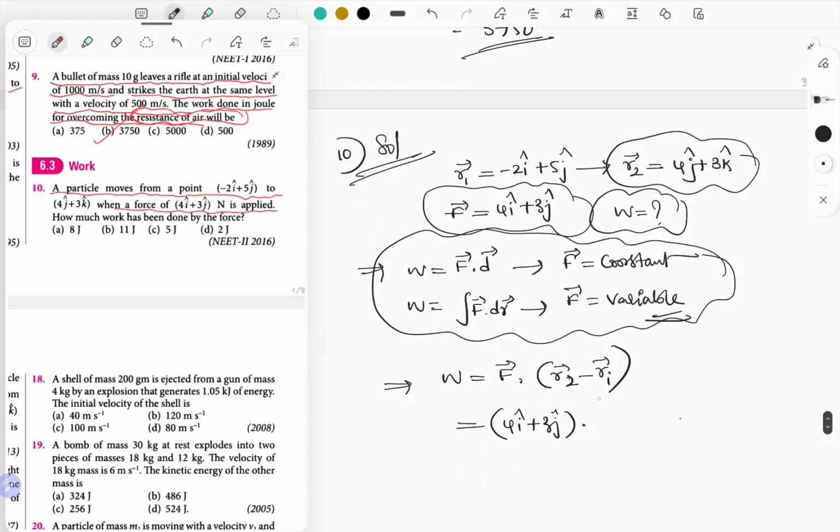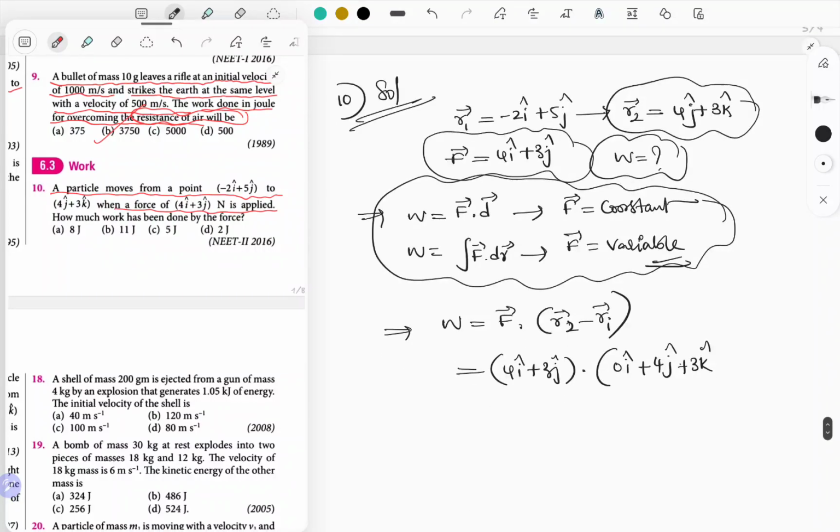R2 bar I can write as 0 i cap plus 4j cap plus 3k cap. Even this small mistake costs us. So minus of minus, plus 2i cap minus 5j cap. There is no k cap, minus 0 k cap. Why minus? Because I'm subtracting this.